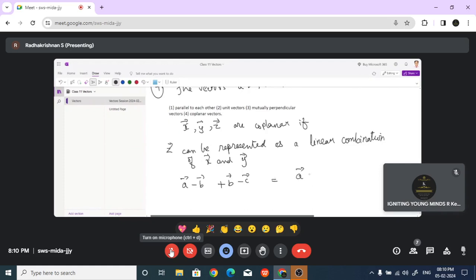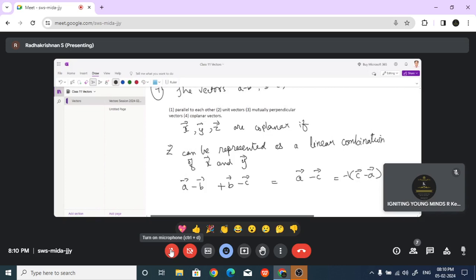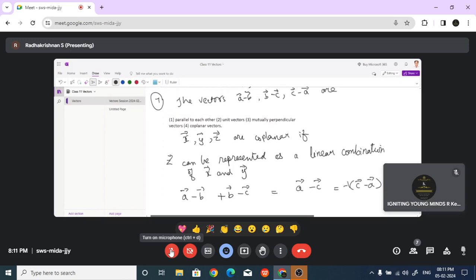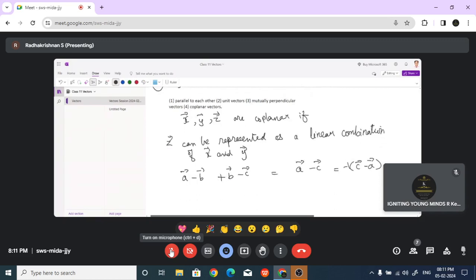A minus C, or negative 1 into C minus A. Right? So one can be represented as a linear combination of the other 2. So that is the condition for coplanar. If any other combinations are given, you can use this rule: check whether one vector can be represented as a linear combination of the other 2 vectors. Okay. So here option 4.